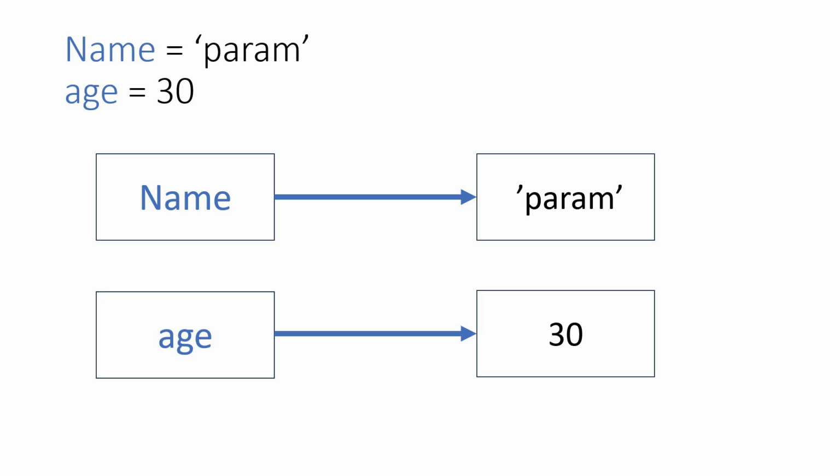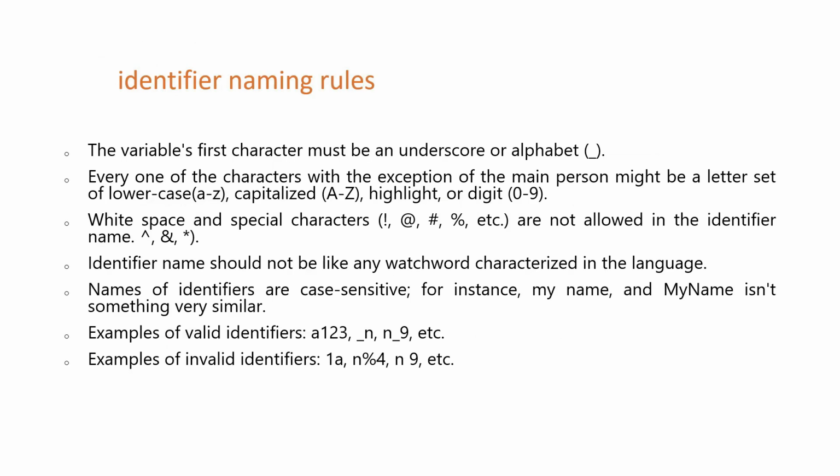Identifiers have some rules. We have to follow these rules to create a correct or valid variable. Identifier naming rules: the variable's first character must be an underscore or alphabet. Every other character may be a letter, lowercase, capitalized, underscore, or digit.